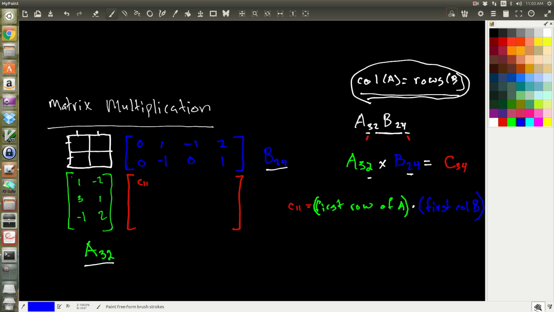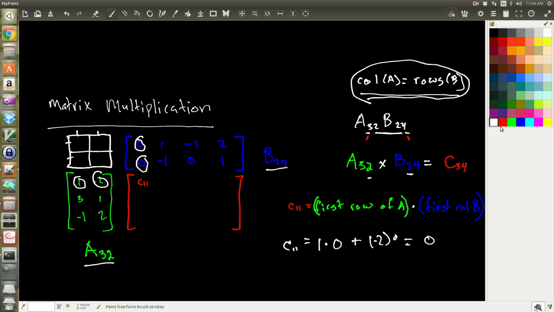Okay, so if I take the dot product, I'm just going to take this number right here. C11 is going to be equal to 1 times 0, so that's this number right here times this number right here, plus minus 2, this number right here, minus 2 times this number right here, times 0, which is going to be equal to 0.